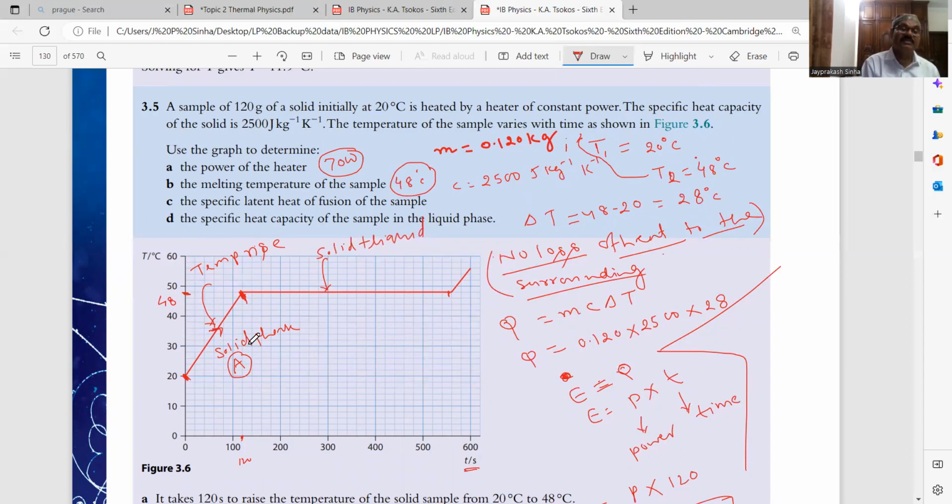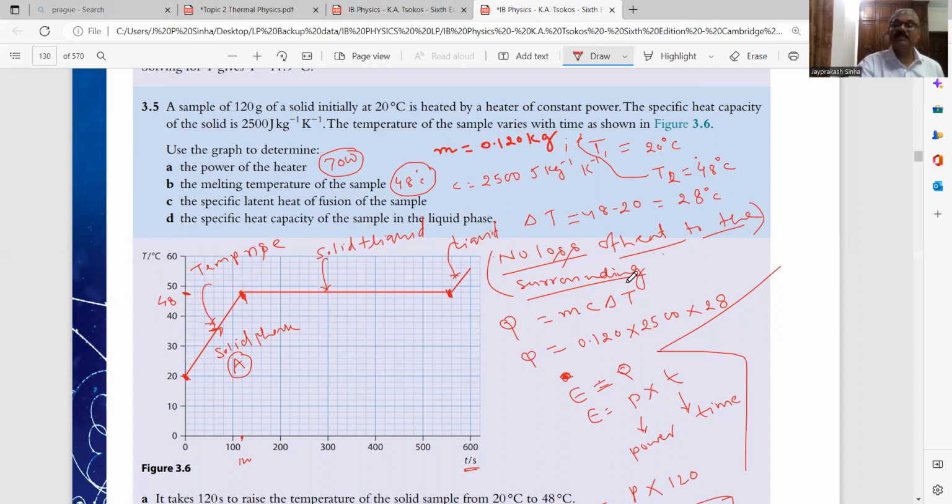Here it is solid phase, and here the whole melting process is complete, so in this part it will be in liquid phase. So now two problems, A and B, we have solved. The power of the heater is 70 watt. The melting point of the sample is 48 degrees Celsius. Now we'll solve the specific latent heat of fusion of the sample and the D part also.